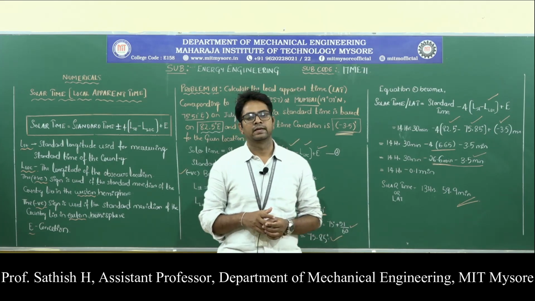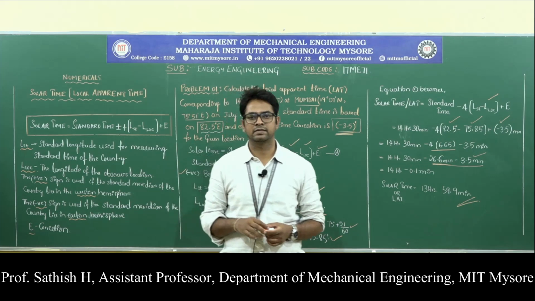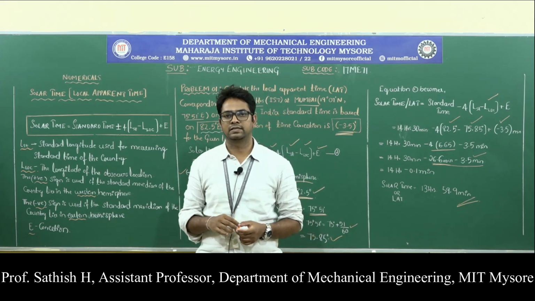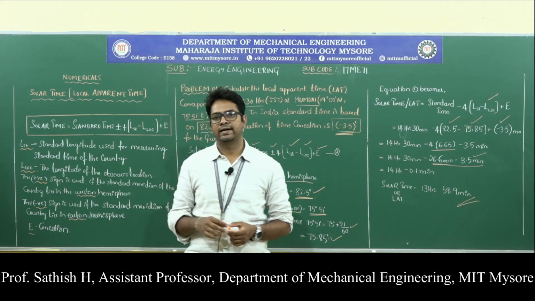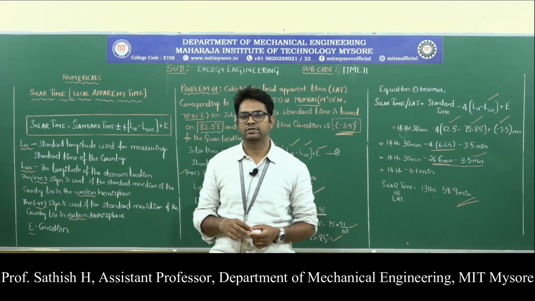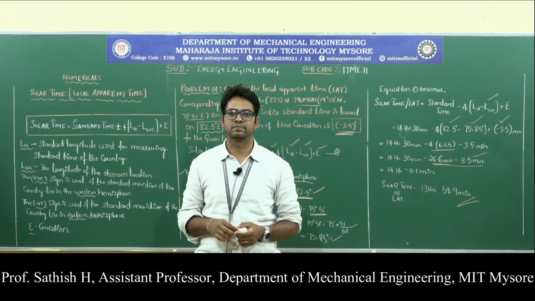So this is about the various concepts we have discussed in this session. We started with photovoltaic conversion systems, in which we discussed advantages, applications and disadvantages of photovoltaic systems.